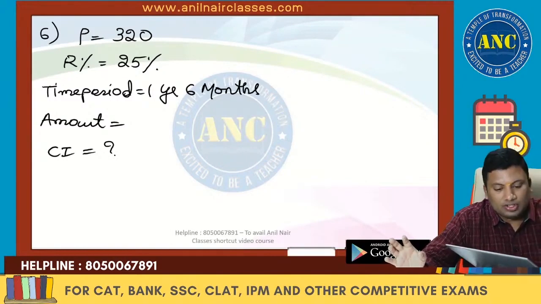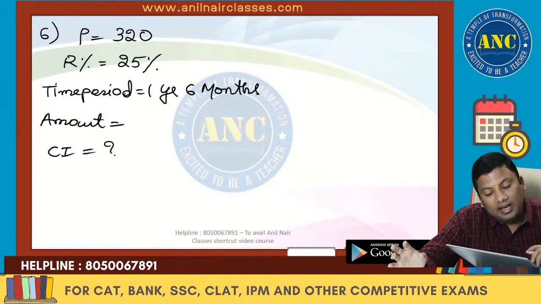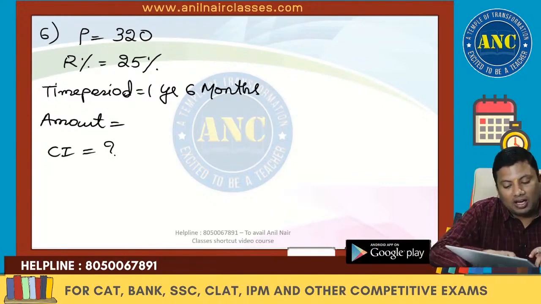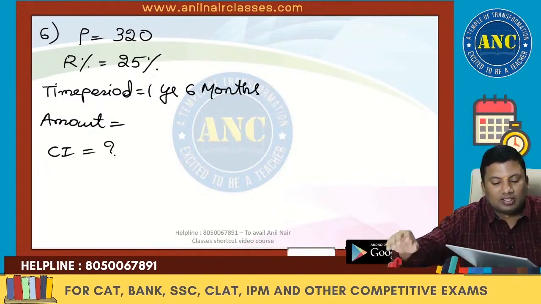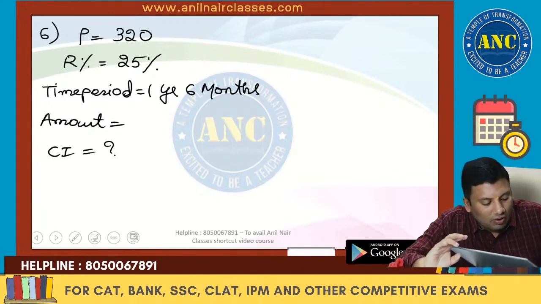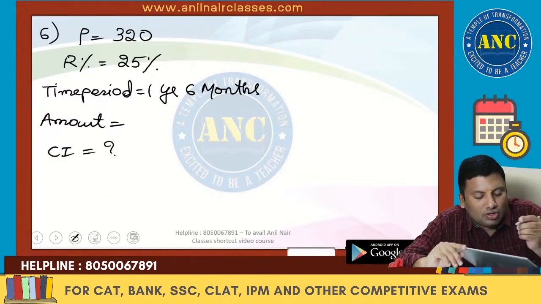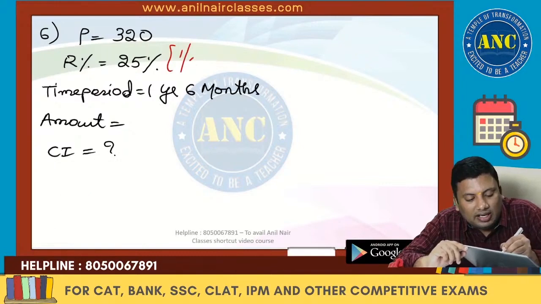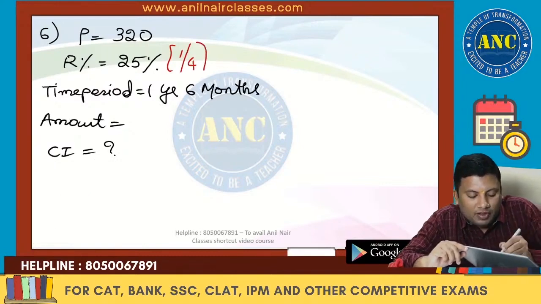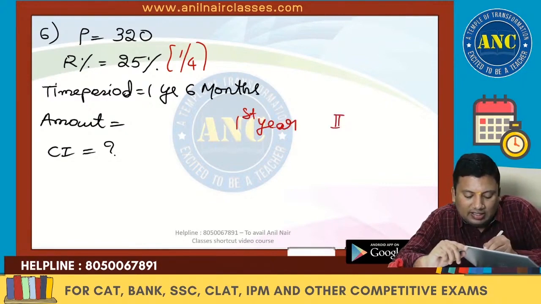All that, you don't need to use it if you know the concept. Now, see here. P is 320. R is 25 percentage. Time period is 1 year 6 months. Now, see here, how am I solving this question? 25 percentage is 1 by 4. So, this is the first year, and it is the second year.